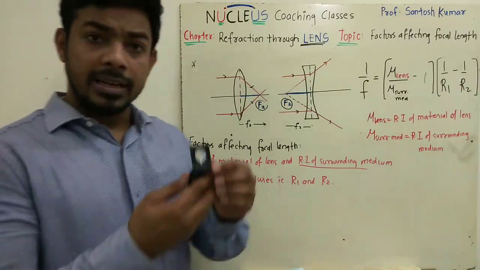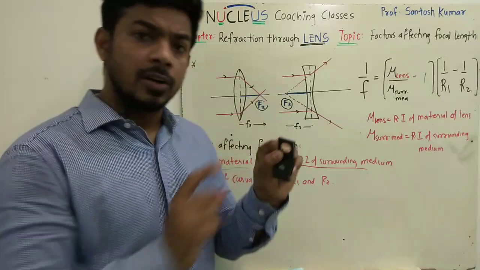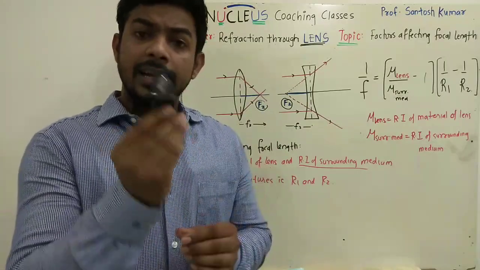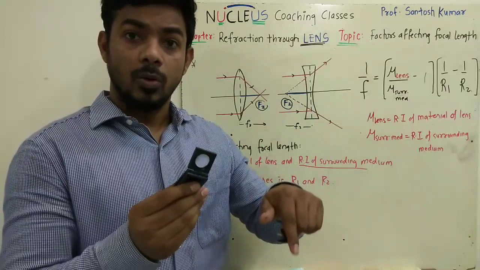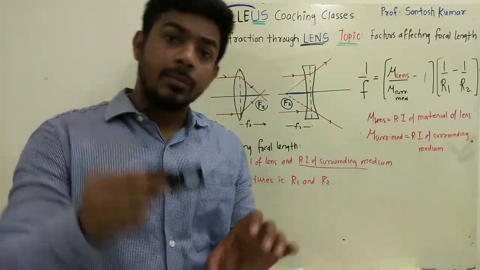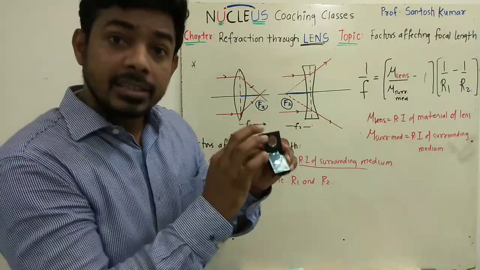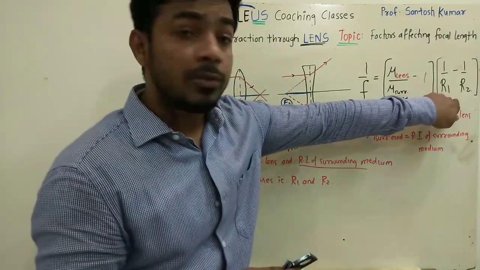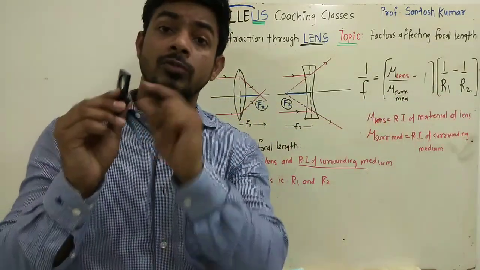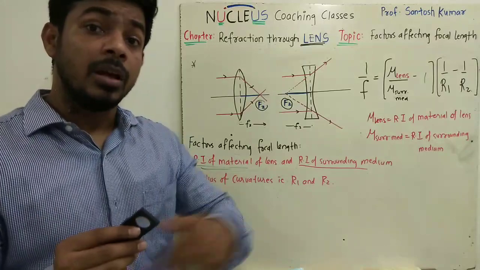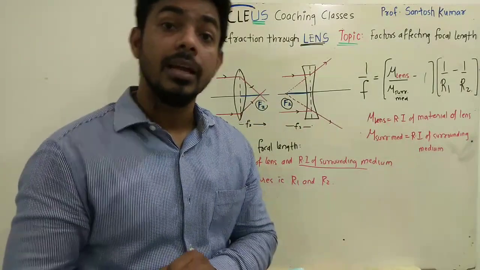Now suppose I have a lens made of glass with curved surfaces. If I keep this lens in air, the surrounding medium is air. And if I immerse the same lens in water, what will not change are the refracting surfaces. So the radius of curvature will remain the same, the refractive index of the material of the lens will remain the same, but what will change is the refractive index of the surrounding medium.